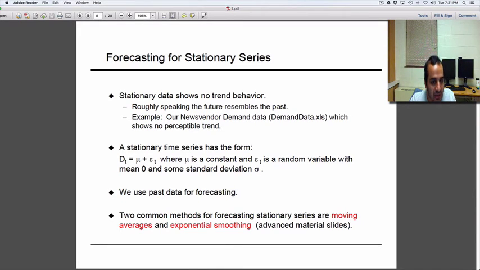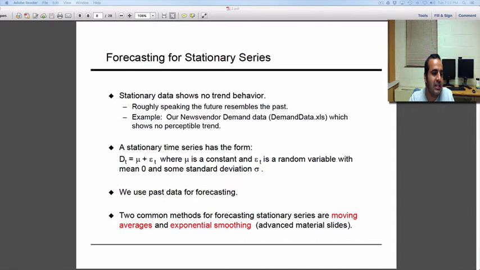Demand in any time period T, say demand D_T, can be written as a sum of two things: mu, which is a constant, sometimes the sample average, plus epsilon_T, which is a random variable with mean 0. See that the mean and the standard deviation are not dependent on time, and therefore there is no trend in this data. It's a stationary time series.